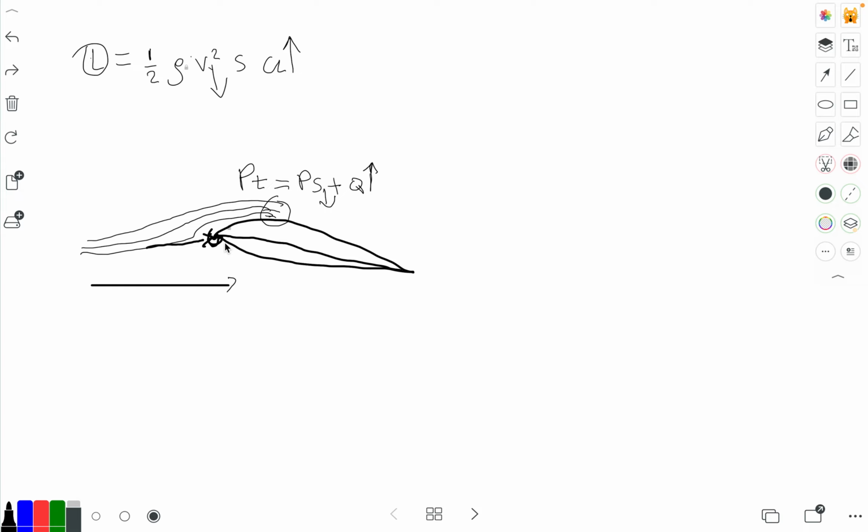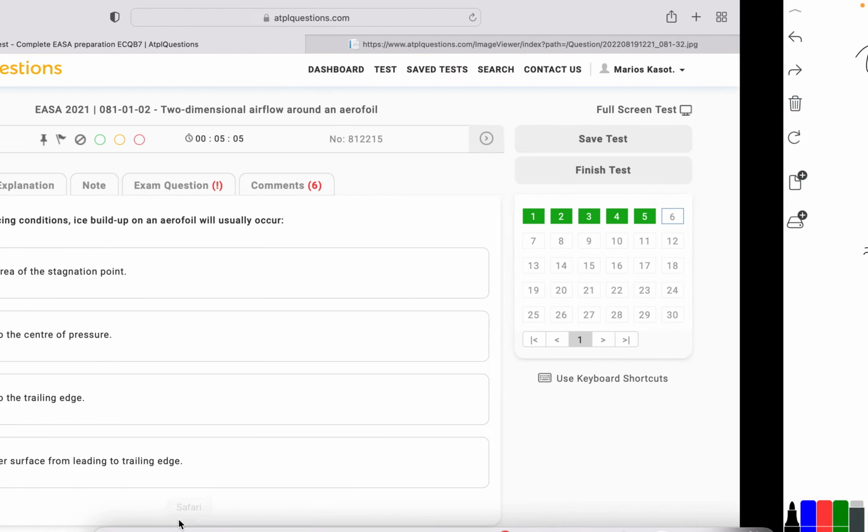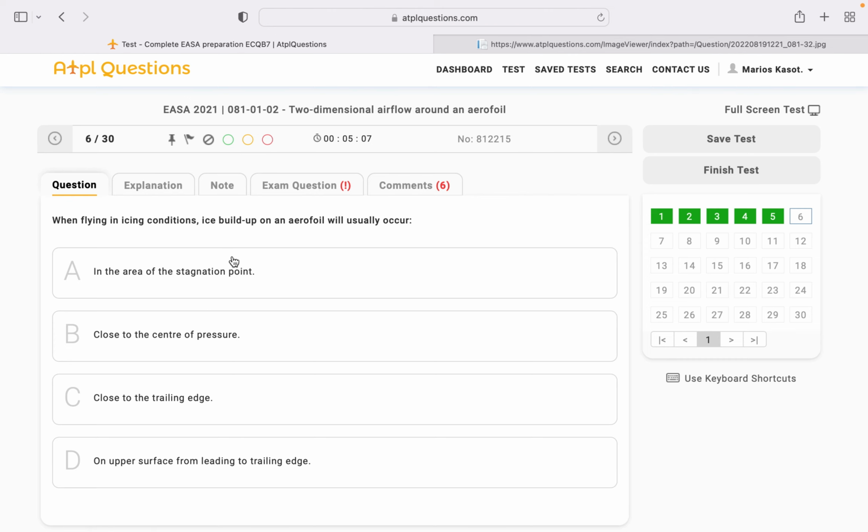So you can imagine the water stacks at this point, because at every other point the water is taken away by the wind, but at this point the water is stuck and cannot leave, so icing occurs. So it's in the area of the stagnation point.